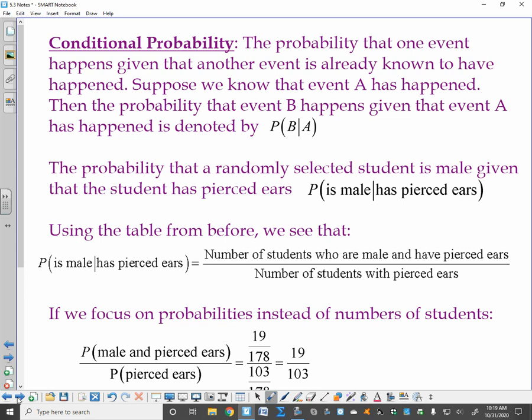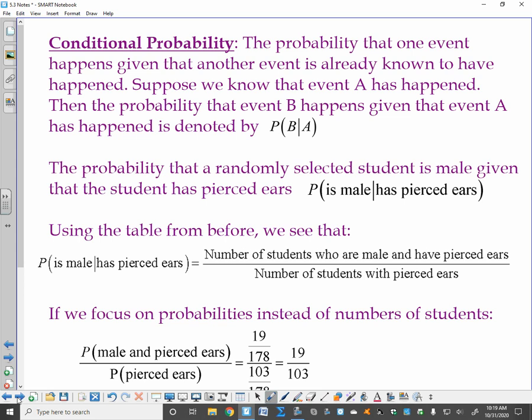Suppose we know that event A has happened. Okay, if I know that event A has happened, then that is my given. Then the probability that event B happens, given that event A has happened, is denoted by P parentheses B and then a vertical bar long enough so that you know it's not an L or an I, A. And the way that you read that is the probability of B given A. So that bar means given.